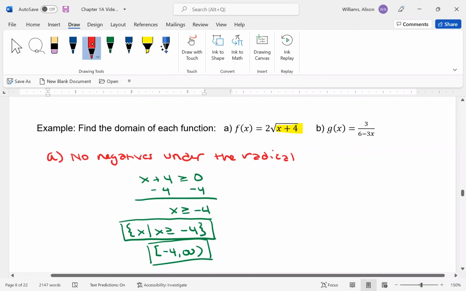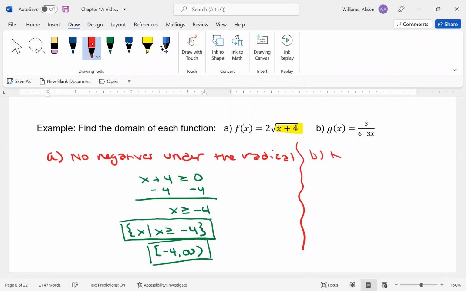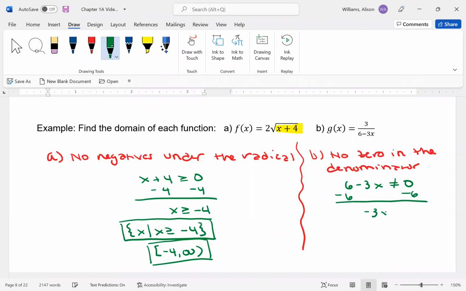Okay, so for part B, we have to avoid zeros in the denominator. So no 0 in the denominator, which basically means I'm going to take the denominator and say it can't be 0. So let's solve. Minus the 6, divide by -3, and I'm going to get that X cannot equal 2, which makes sense, because if I plug in 2, I'm going to get 0.